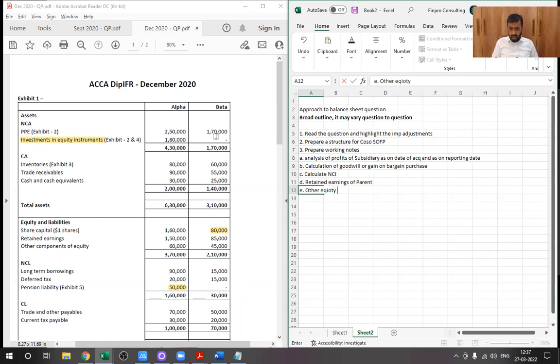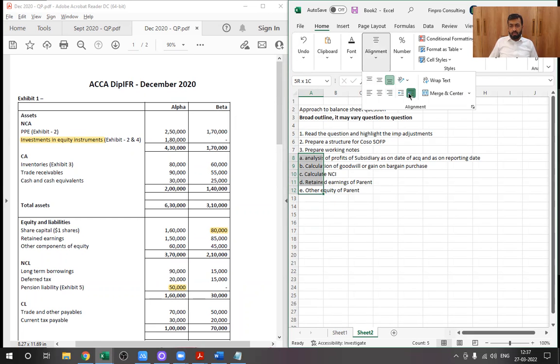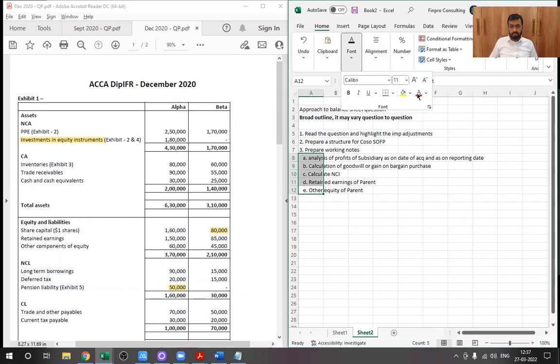In our question we have that, other equity of parent. You must prepare these 5 adjustments, 5 working notes. These are the most important ones. These will be there irrespective of any question. It may vary from time to time, but generally these will be there.